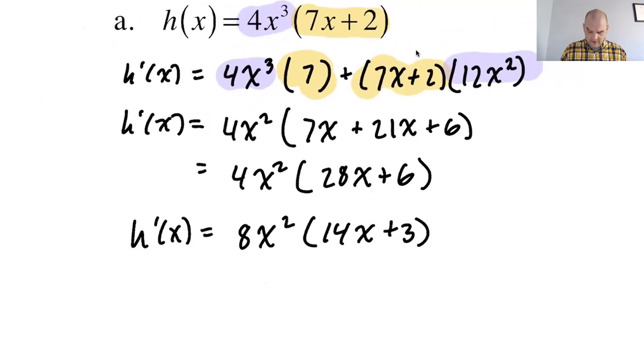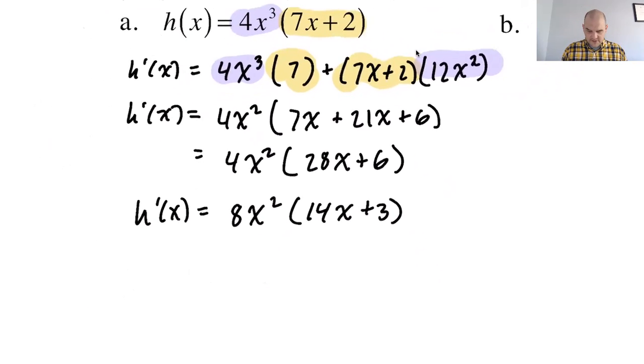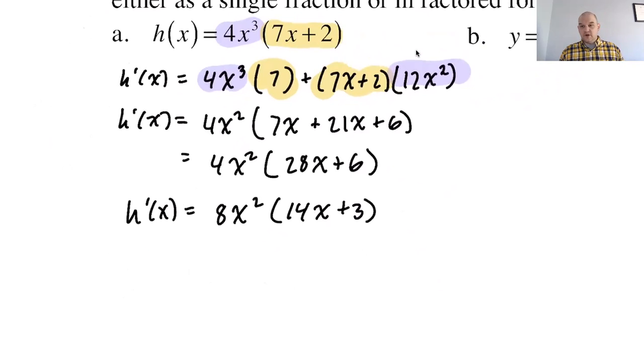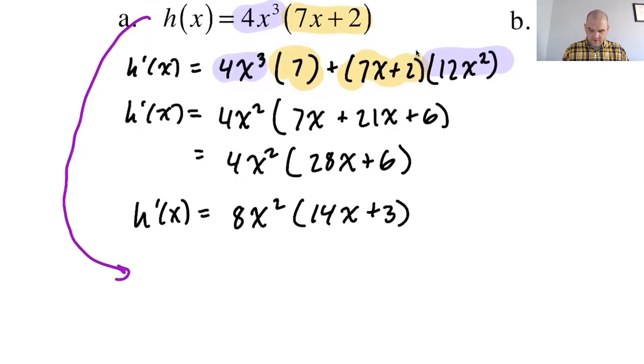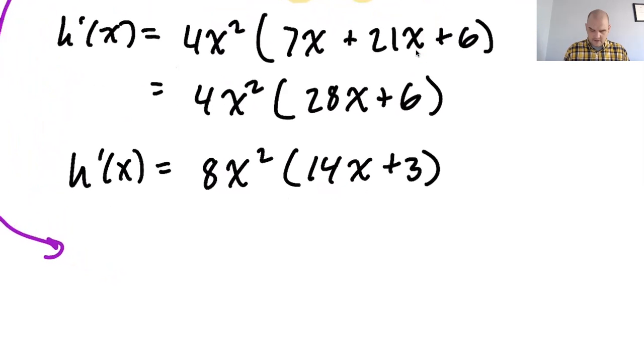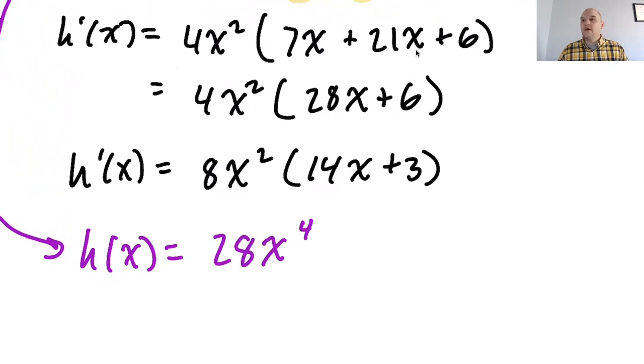What I want to show, though, is that for this particular problem, it wouldn't have been that bad to expand. So let's change this up. I could have rewritten h of x as 28x to the 4th plus 8x cubed.